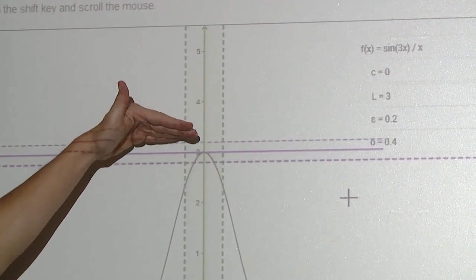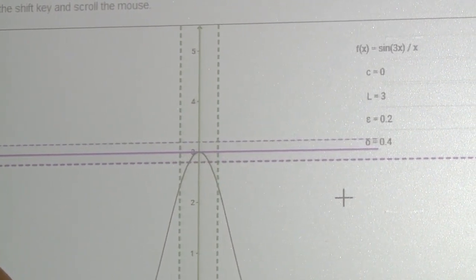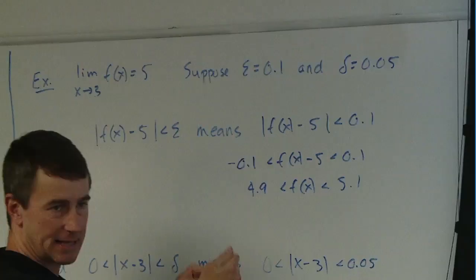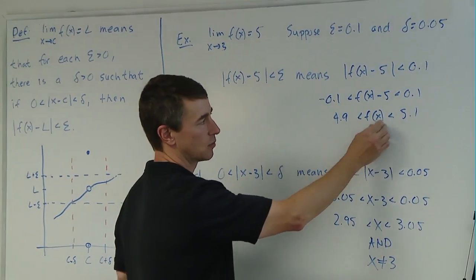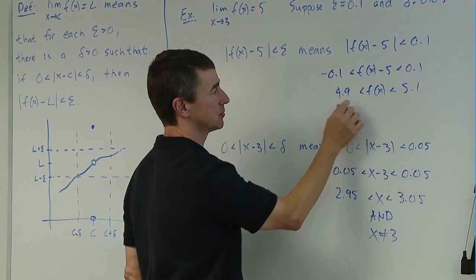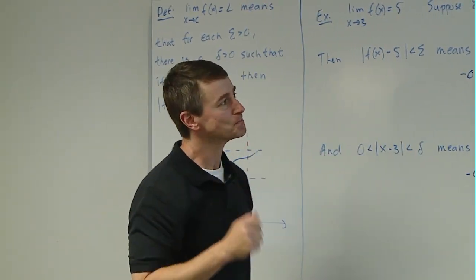Above 2.8 and below 3.2, right? Because just like we did over here with this example, if you do the algebra to solve for that, f of x will be between 3 plus epsilon, 3.2, and 3 minus epsilon, 2.8.